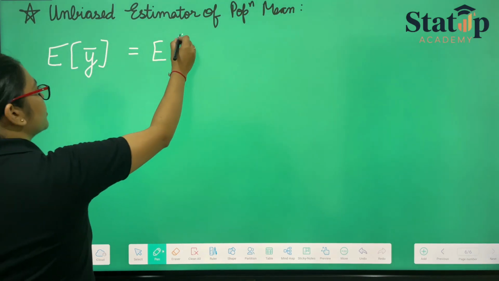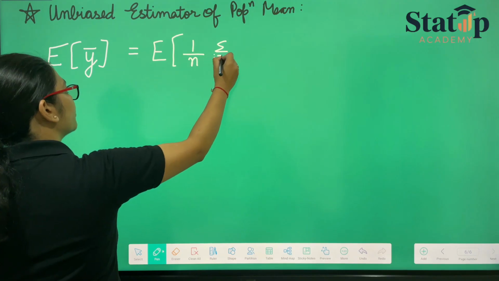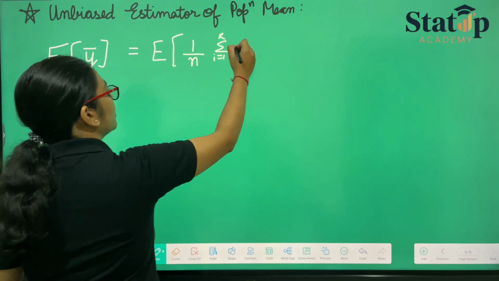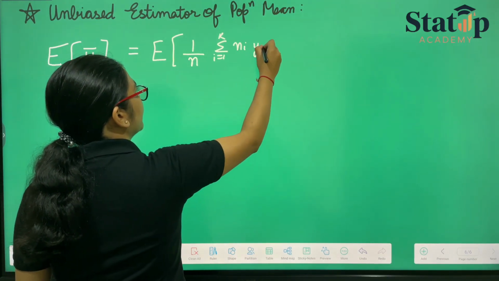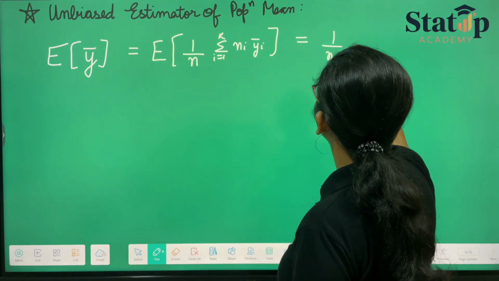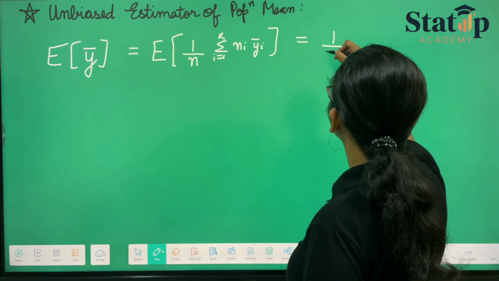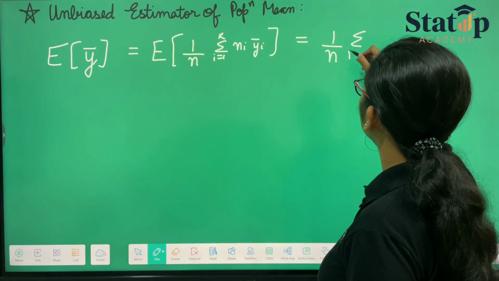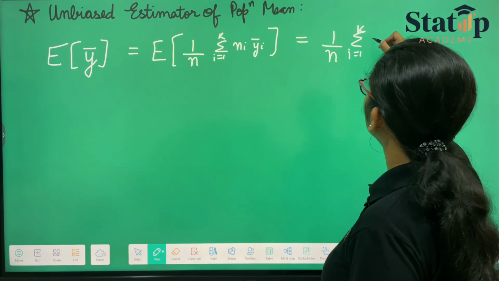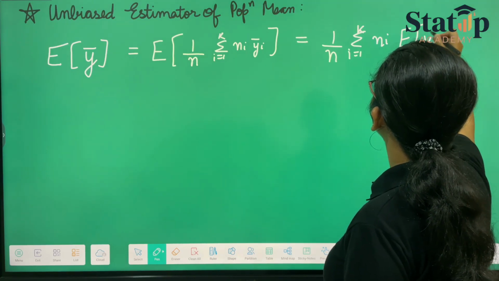So expectation of y bar is 1 upon n summation i goes from 1 to k ni yi bar, which is nothing but 1 upon n summation i goes from 1 to k ni times expectation of yi bar.